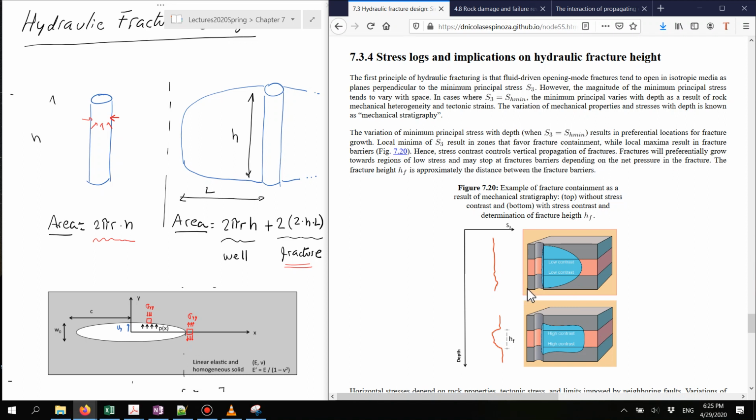And we'll see how these models and that physics extend whenever we have these variable heights or variable conditions of stress. By putting all of these together, it's going to be very difficult to solve analytically, but that's where the hydraulic fracture simulators get into the picture, and that's what we use to solve these equations numerically.